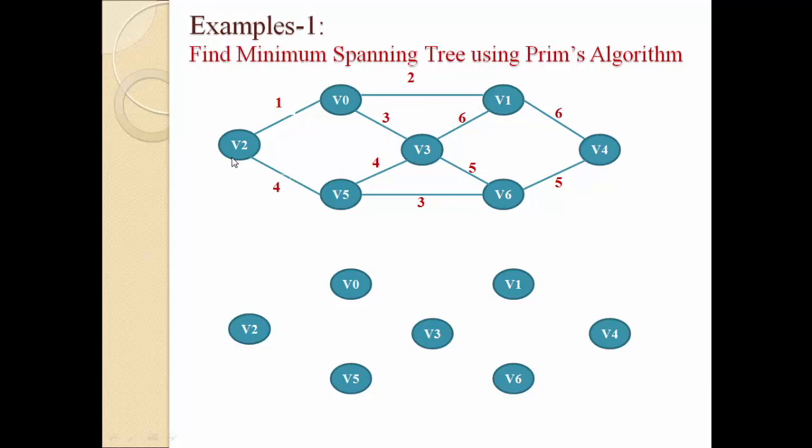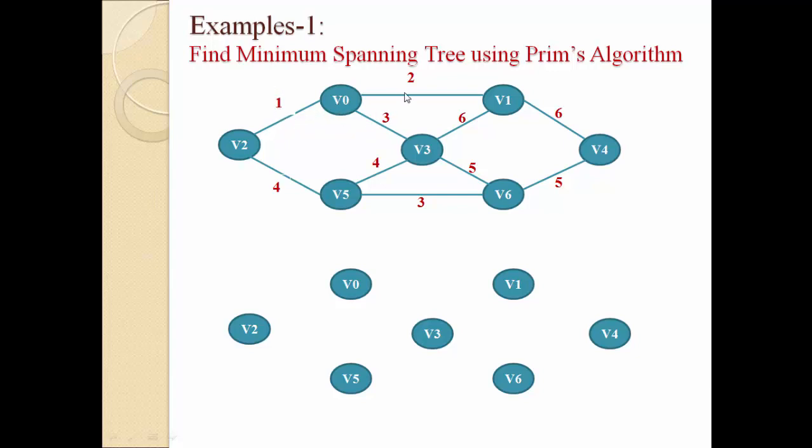As we discussed in our greedy algorithm, at every stage we have a number of choices and we have to identify the best choice among them. So we have 3 choices: V0 to V1 which has a cost 2, V0 to V3 which has a cost 3, and V0 to V2 which has a cost 1.